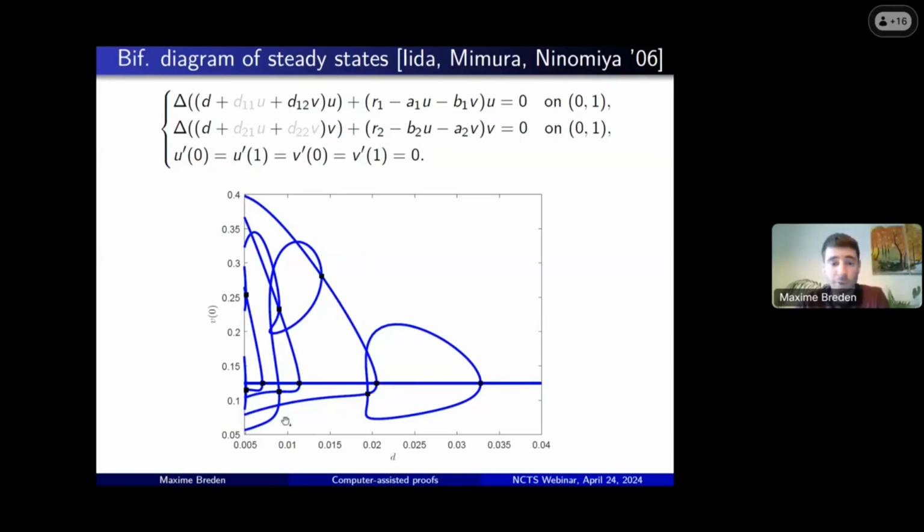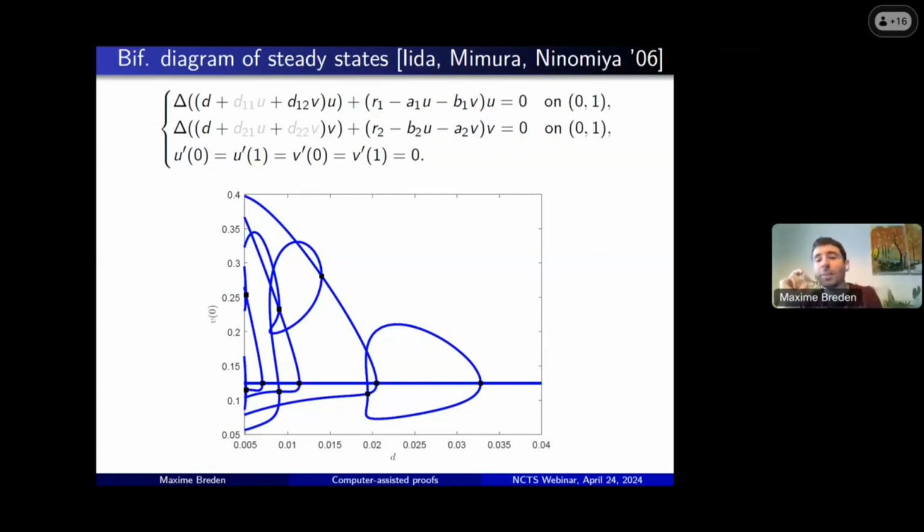And here what you see, for instance, is that if I pick one value of d around here, I can count 1, 2, 3, 4, 5, 6, 7, 8. Maybe there are 10 different solutions that exist for one set of parameters. And of course, there you're like, how can I prove this by hand? I mean, it looks completely hopeless. Yes.